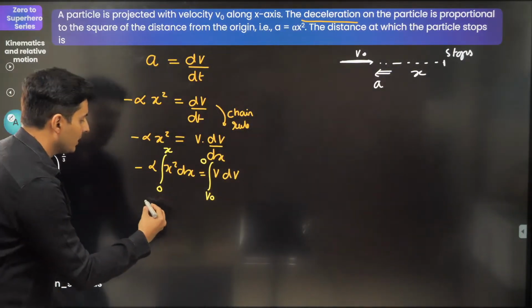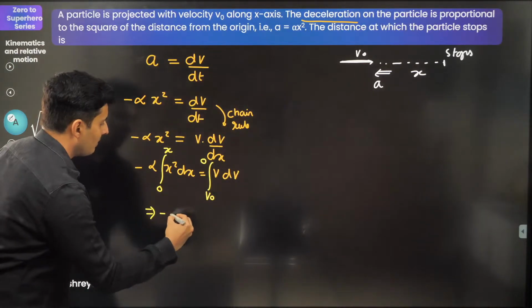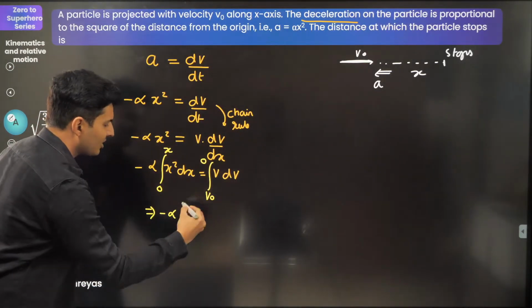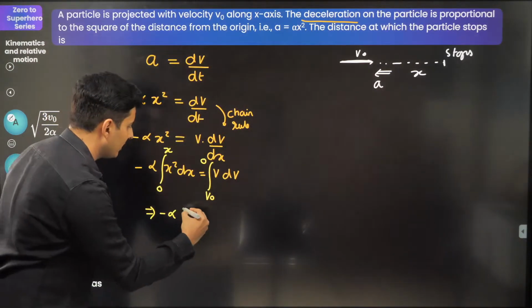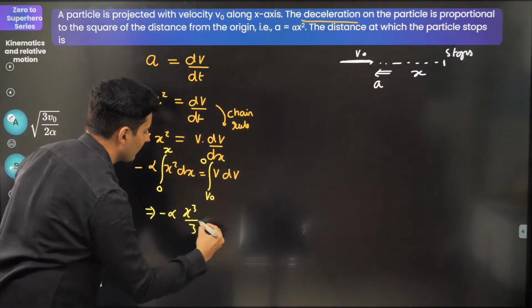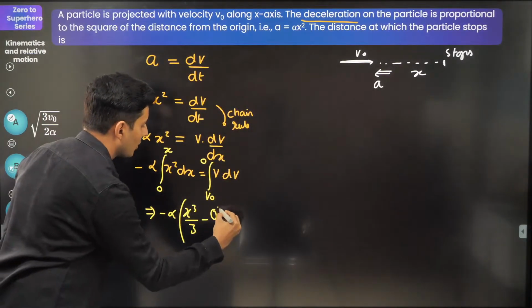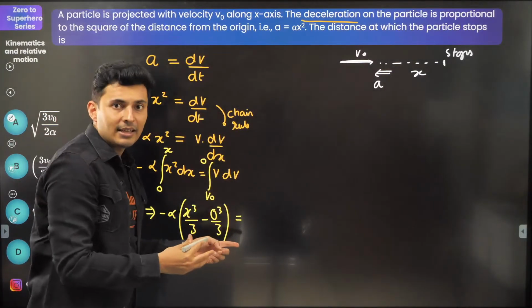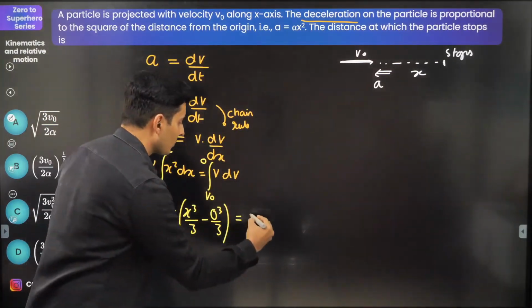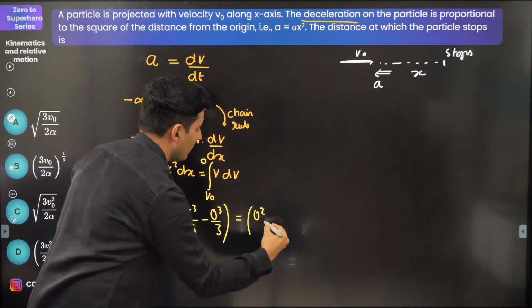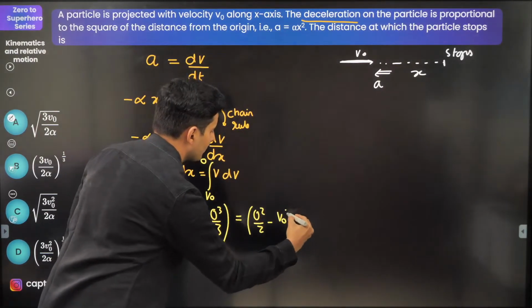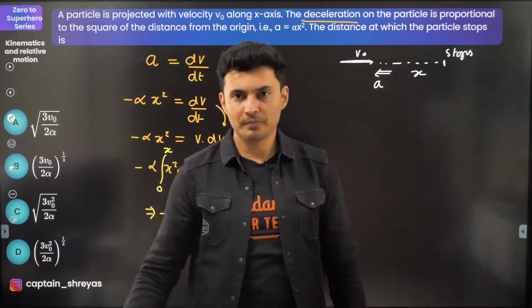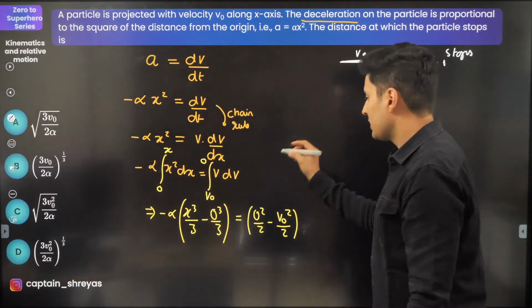Okay, so let's do this. This will be equal to minus alpha. X square's integration is x cube by 3. So x cube by 3 minus 0 cube by 3, standard integration, is equal to v's integration, v square by 2. So 0 square by 2 minus v naught square by 2, of course. Shift it around. Let's see what we get.